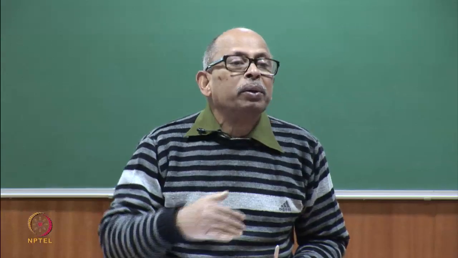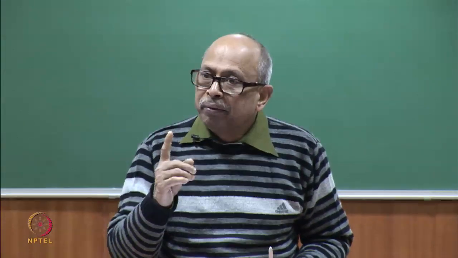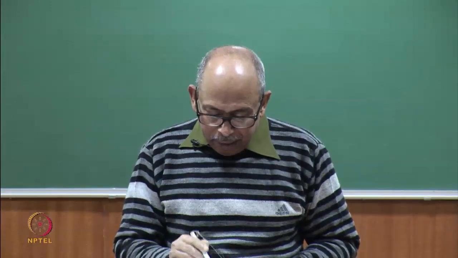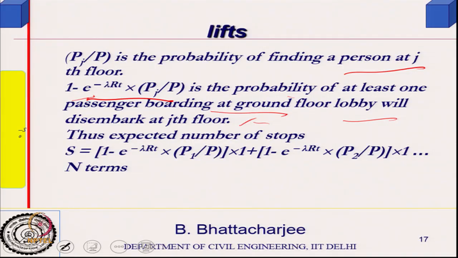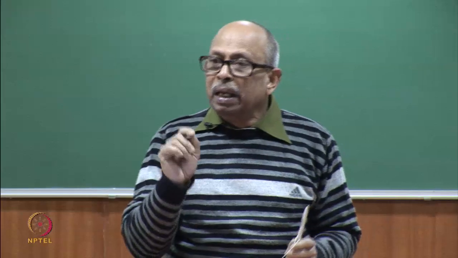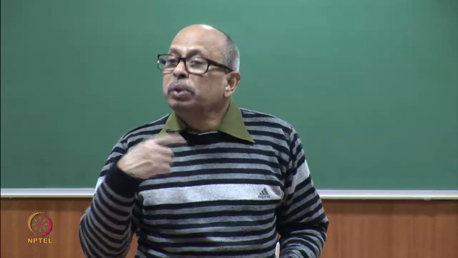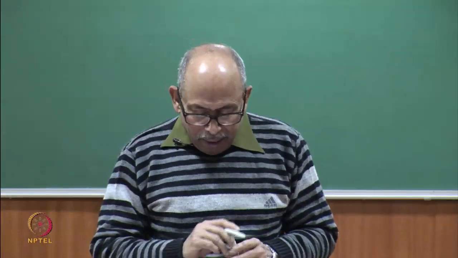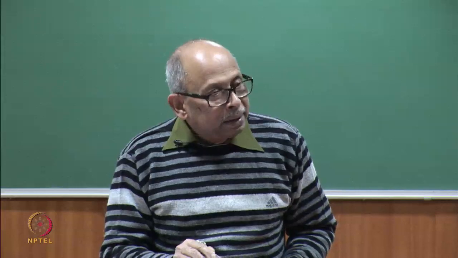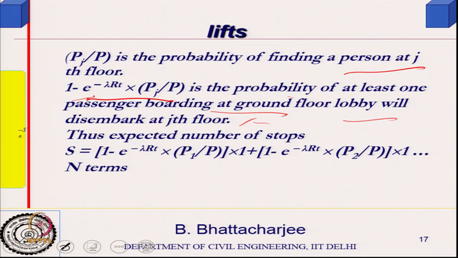I am saying ground floor because if we look at one-way traffic only, up-going traffic only, then this will be at the ground floor. So the probability of at least one person boarding the lift to go to the jth floor is given by 1 minus e to the power minus lambda RT into Pj by P. Thus, the expected number of stops one can then find out, like we did earlier.